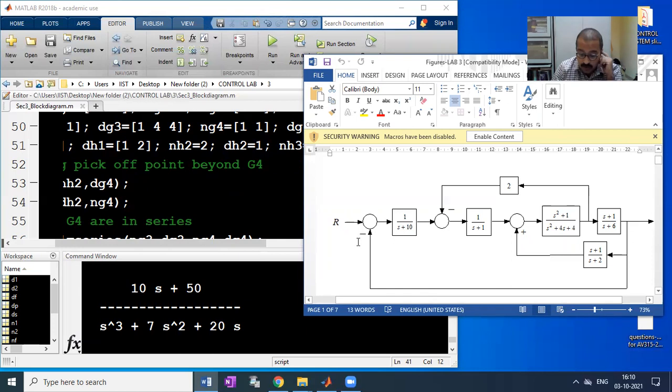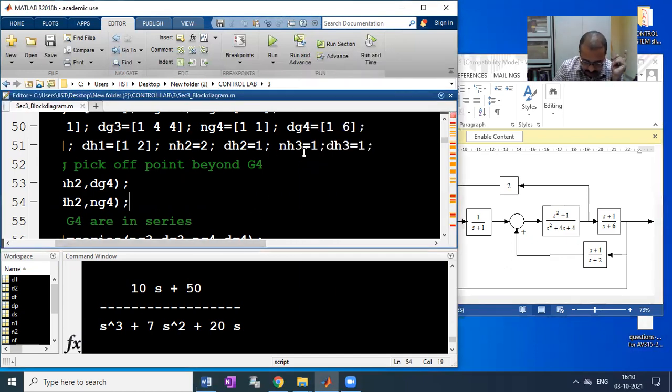No. If it was 0, then this channel would not have been there. Had the gain of this path being 0, then this path itself would not have been there. So the gain of this path is 1. So I call this as H3. So what is my gain NH3 here? 1. What is the DH3? That is also 1. That is what is shown here.